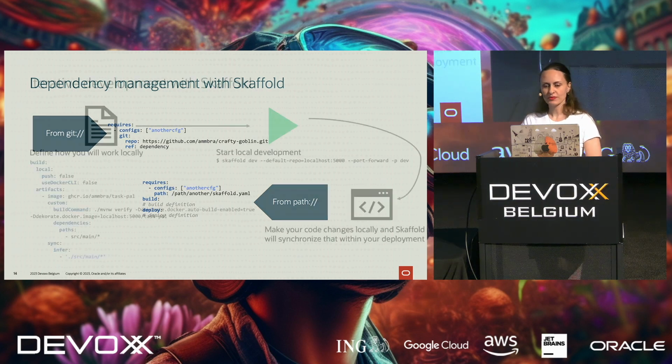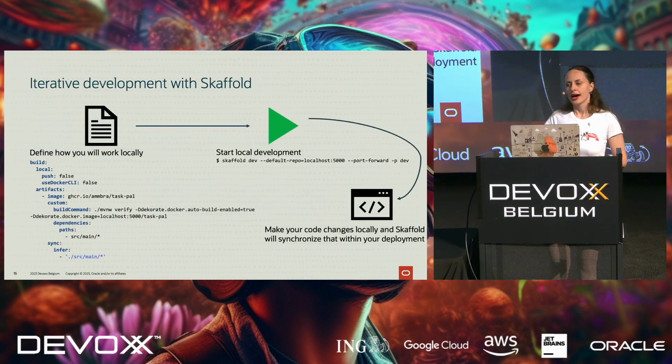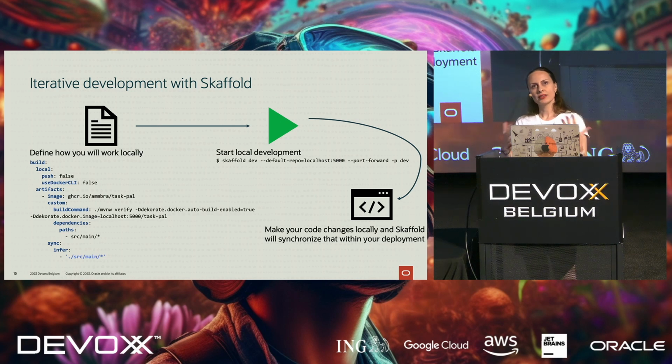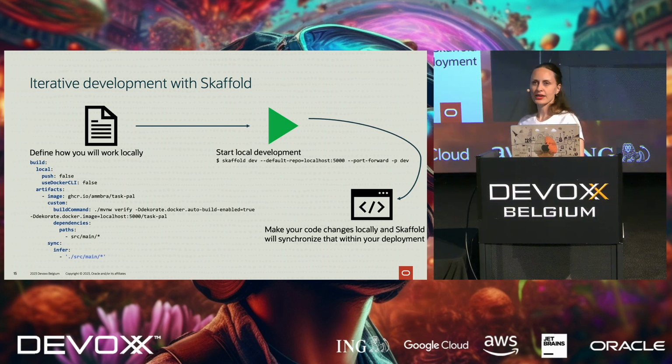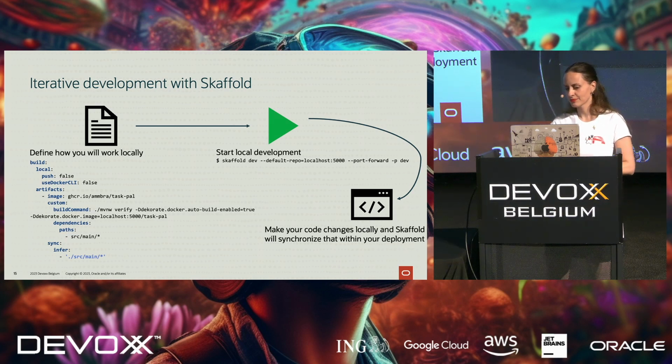And from iterative development with Skaffold, I can build locally and define the way that I'm building locally via custom build commands and keep that in sync with a single Docker file, start my local development, and make code changes within Skaffold and synchronize that automatically with my deployment.